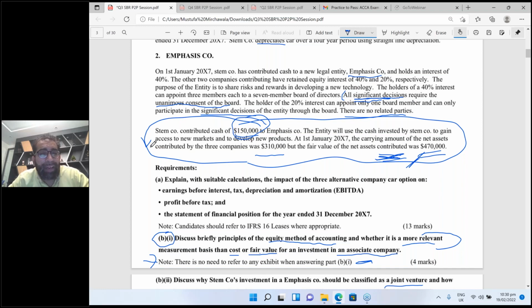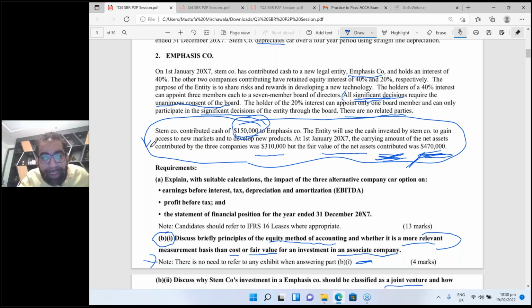Now I have a common sense question for you guys, because you know some business as well. Listen, there were three members: 40% by STEM, 40% by another guy, and 20% by another guy. The other two owners allowed us in.